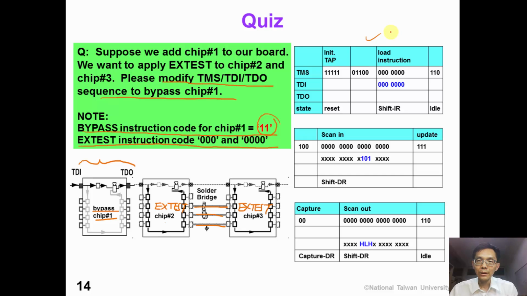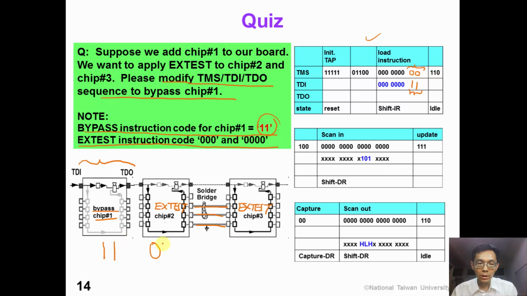Okay, are you done yet? This exercise is actually not very difficult because there are 2 extra bits of instructions. So we add 2 bits to shift in the bypass instruction to chip number 1.